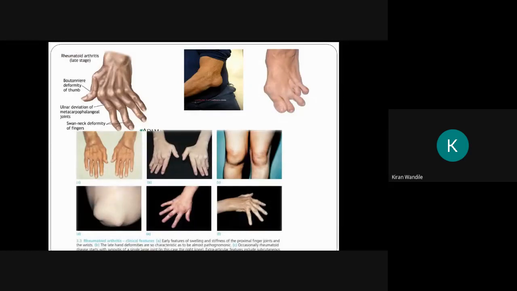And in the first picture of the last row, you can see olecranon bursitis and various deformities of the hand and deposits, nodules you can see on the dorsum of the hand. So these are the various deformities in the hand, toes, and forearm due to rheumatoid arthritis.